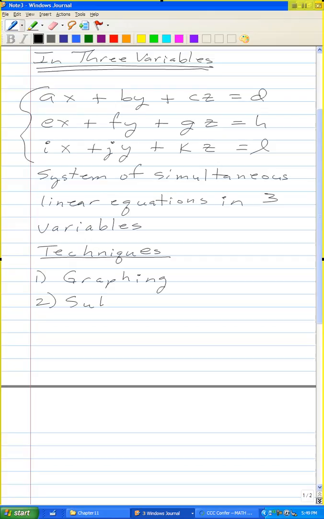Next, substitution. We will be doing substitution, but usually not for systems of linear equations. We might be doing it for systems of nonlinear equations. But in general, we usually don't use substitution. Next, elimination.